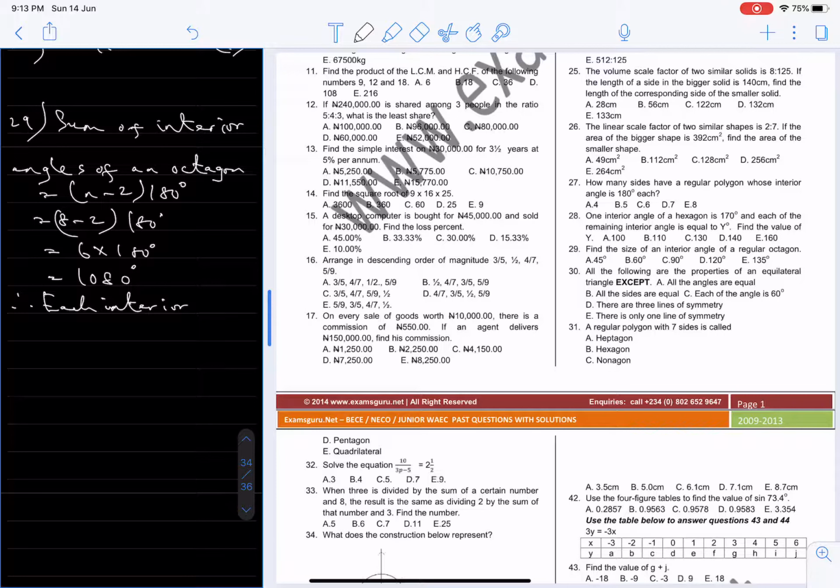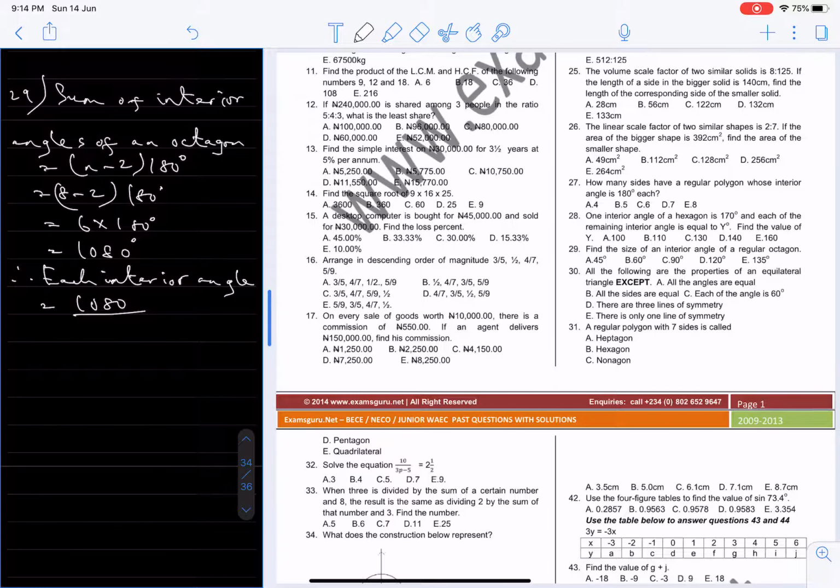angle. Each interior angle equals the sum of interior angles divided by the number of sides. Let me write that formula: sum of interior angles divided by number of sides.